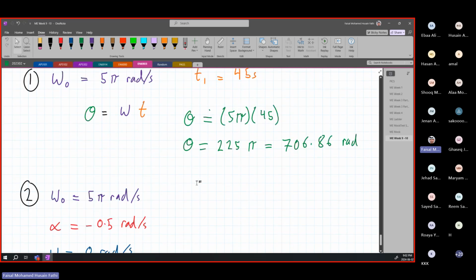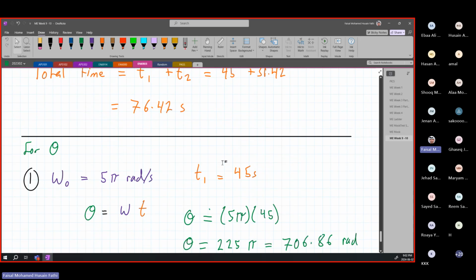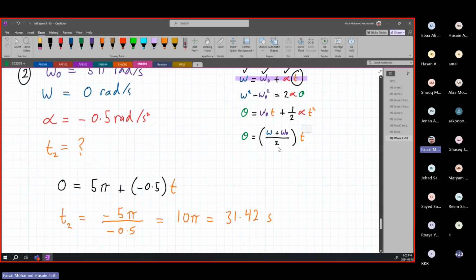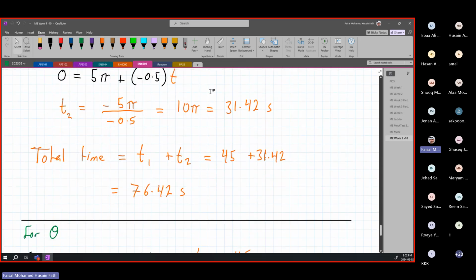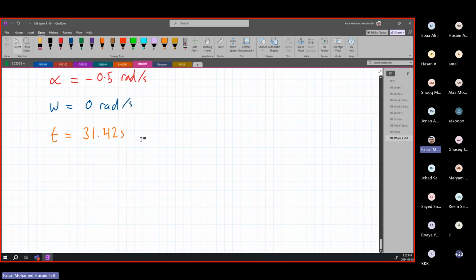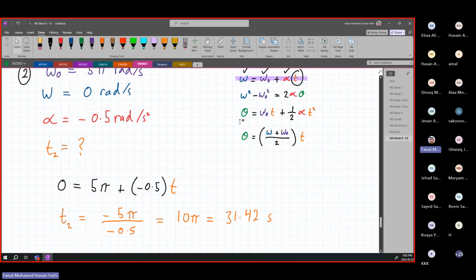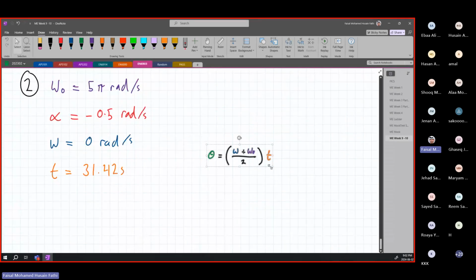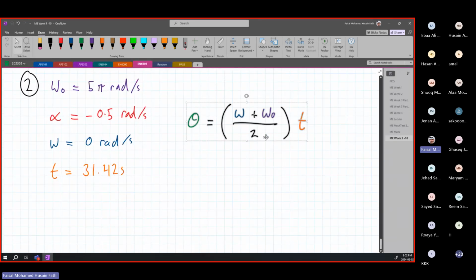Now, we can apply the same equation because we have already found the time t2 earlier, which was 31.42 seconds.